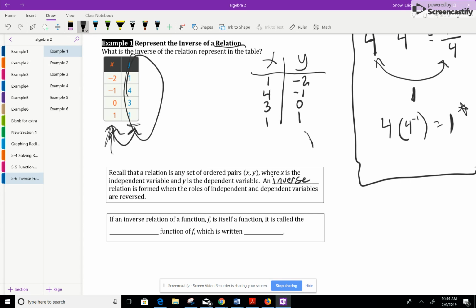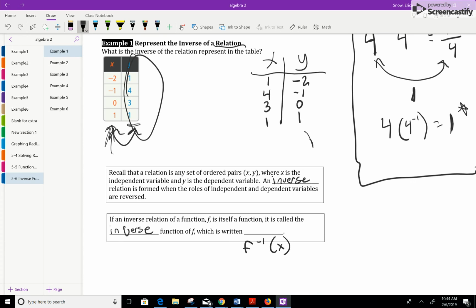If the inverse relation of a function is a function, it is called the inverse function of f, which is written as f to the -1 of x. Let me erase that and write it a little more plainly for you guys. It's going to be f to the -1 of x.